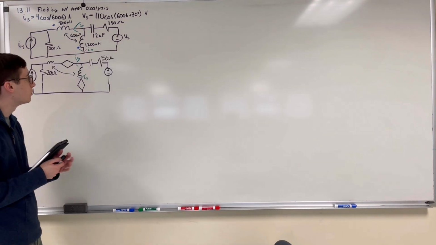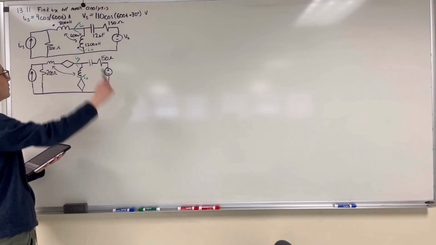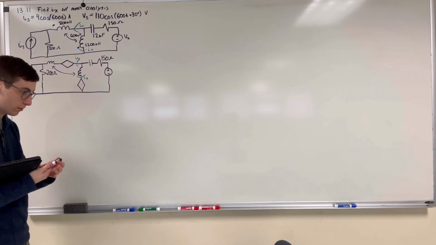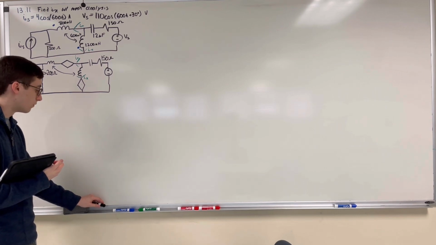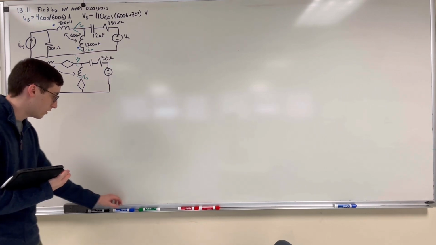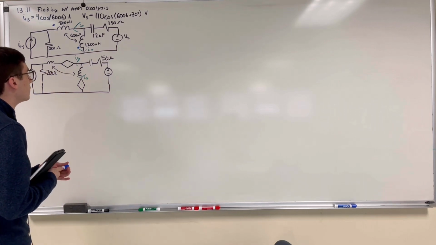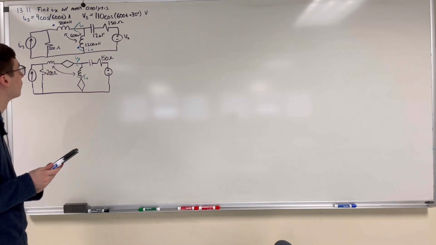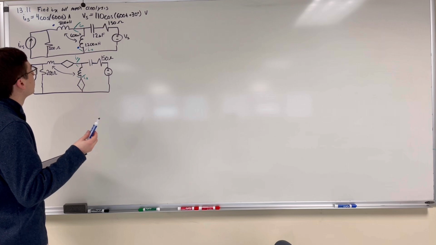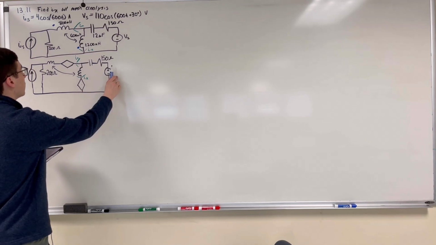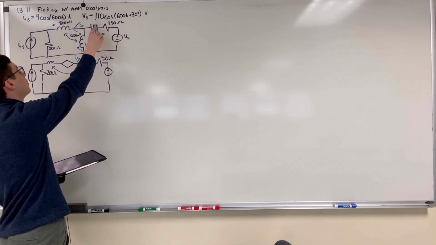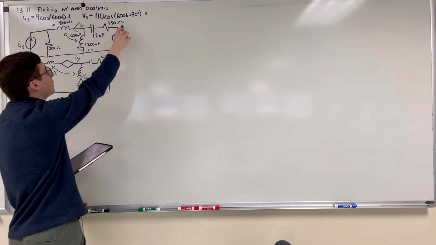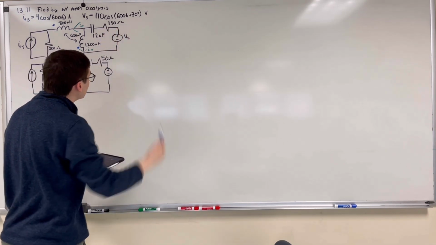So now it's time to convert all these components into their impedance form. First I'm going to start off with the sources. This is the easiest to do. First, I want to do the voltage source over here. So it's 110 cosine 600t plus 30 degrees.